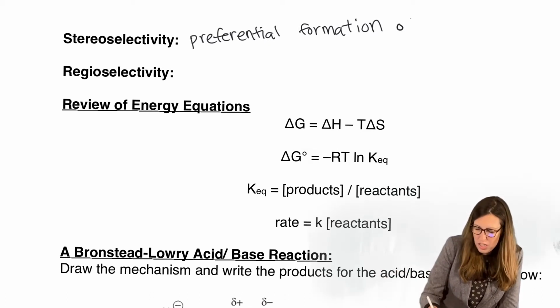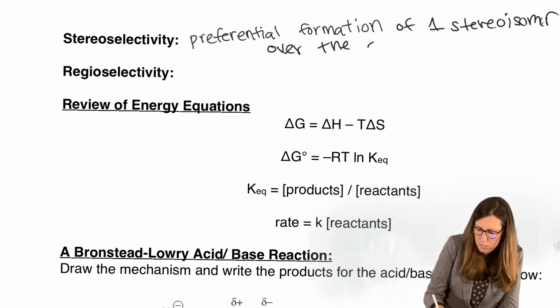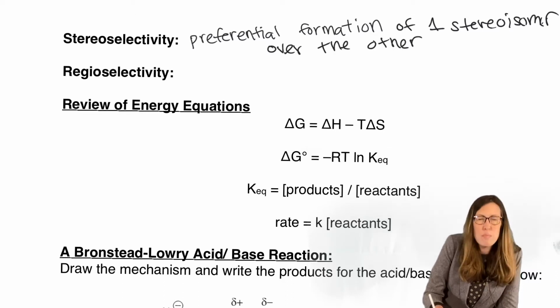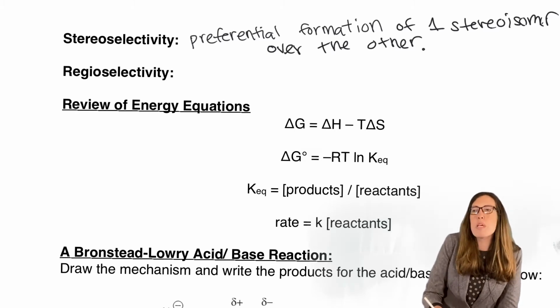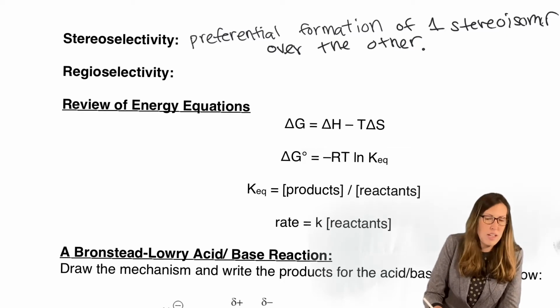Preferential formation of one stereoisomer over the other. Why does that happen? That's what we get into. Maybe the mechanism only happens a certain way. Maybe the reactant's shaped a certain way. Maybe the reactant in question has a specific charge distribution, right? Then we'd say that particular reaction is selective for the formation of that particular product.